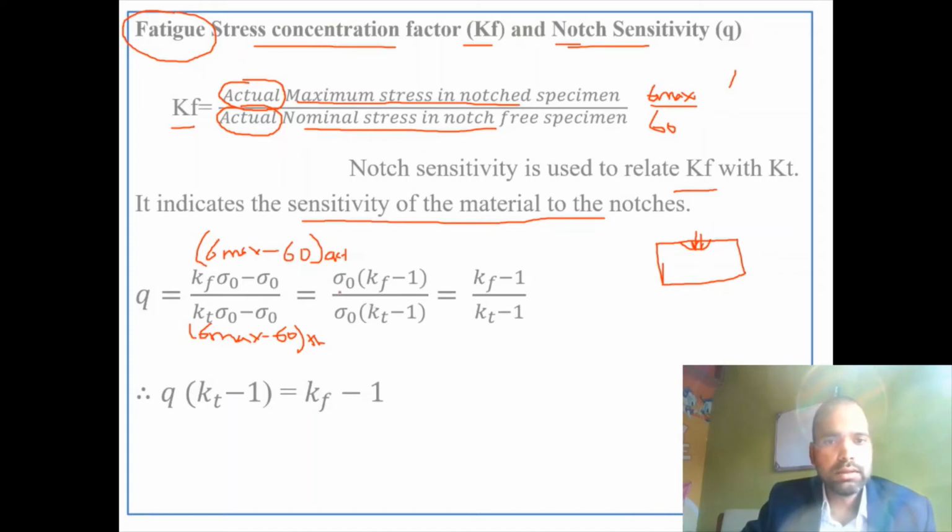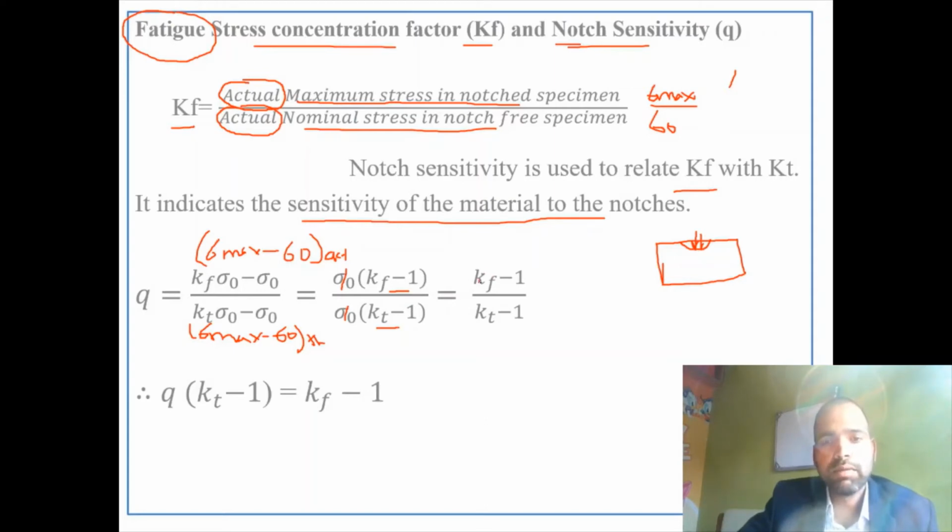So after eliminating these values, and if we take sigma 0 common, the equation will become sigma 0 into (Kf minus 1) in the numerator, and sigma 0 into (Kt minus 1) in the denominator. So sigma 0 and sigma 0 will get cancelled, that is the nominal stress at the notch free specimen, which will be a constant value.